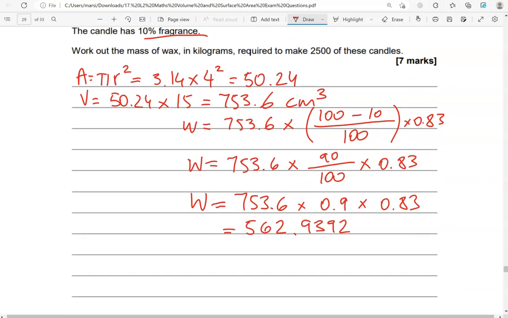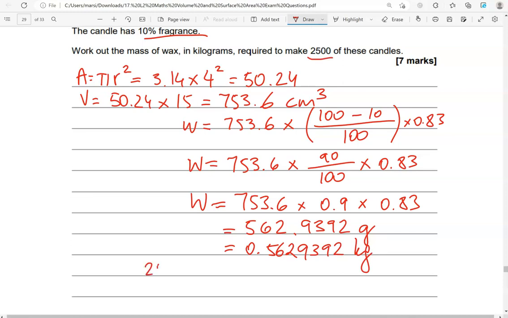So if I divide this by 1000, it will give me the mass of wax in kilograms. So that is 0.5629392 kilograms. The question asked to work out the mass of 2,500 candles.